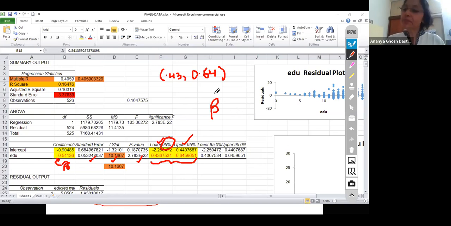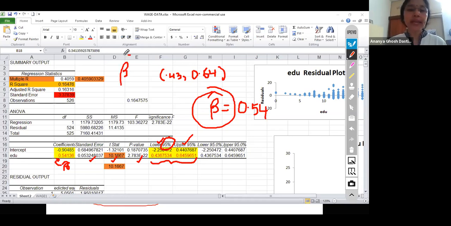So beta is basically a number that I do not know. Now, I can either offer a point estimate of beta, which is one number which says that, look, beta hat is equal to 0.54. So I want to estimate beta. Beta is this unknown number. And the point estimate for beta is right here, okay?